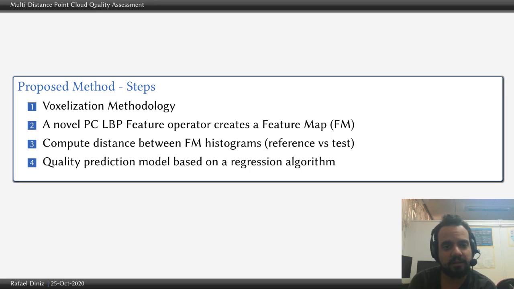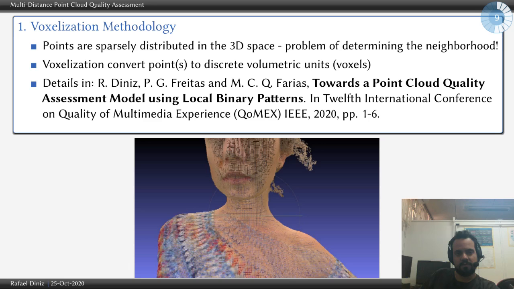And then the third step, we compute the distance between the feature map histograms related to the reference versus the test, reference compared to the test. And in the end, our final quality prediction model and how we get the final score for quality prediction.